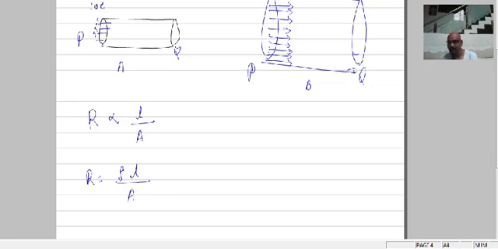This proportionality constant is called the resistivity. Remember, resistivity.